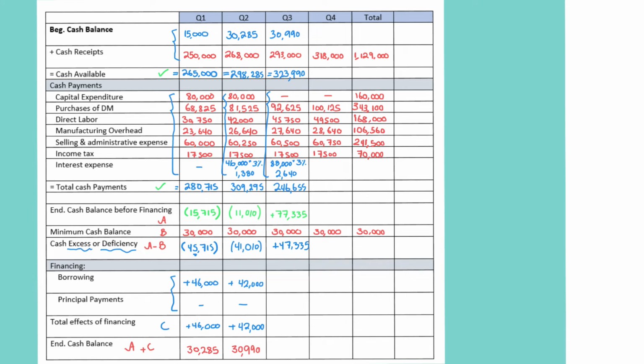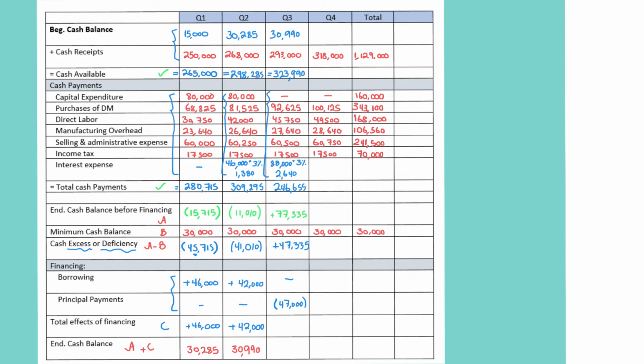Now I don't need to borrow because I have cash excess now. Okay, so I don't need to borrow more money. I need to pay my loan, or I need to pay part of my loan. Again, he said in the question, if you want to pay your loan, it should be in 1,000 increments also. Okay, so I have 47,335. I cannot pay 48. I can pay 47. So here it's gonna be negative 47. I'm gonna pay 47. So when you borrow, you round it up. For the payments, you round it down.